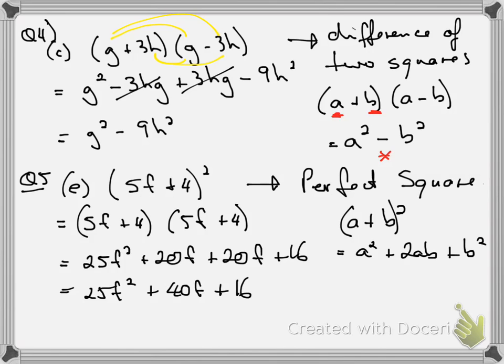If you follow this pattern in relation to that, you'll see how that pattern fits. Because this here is 5f squared, that's 4 squared, and the 40f is really 2 times the 5f and the 4.